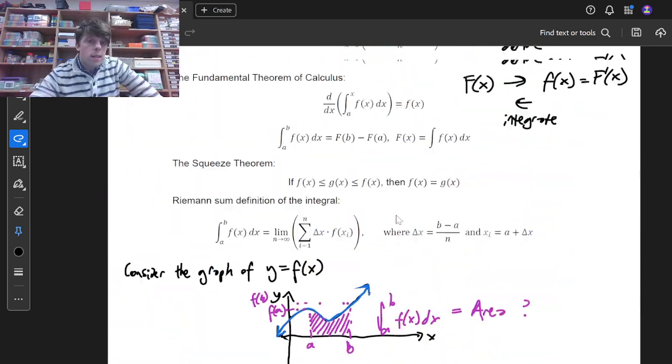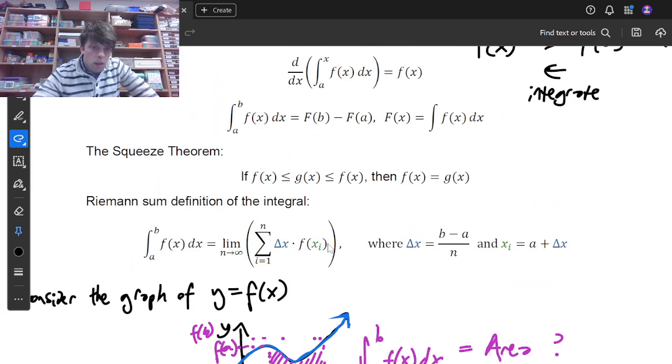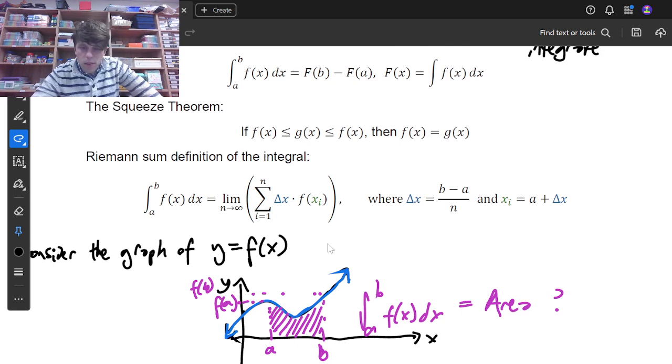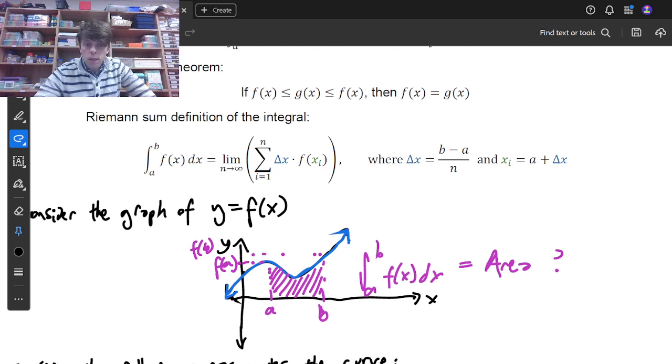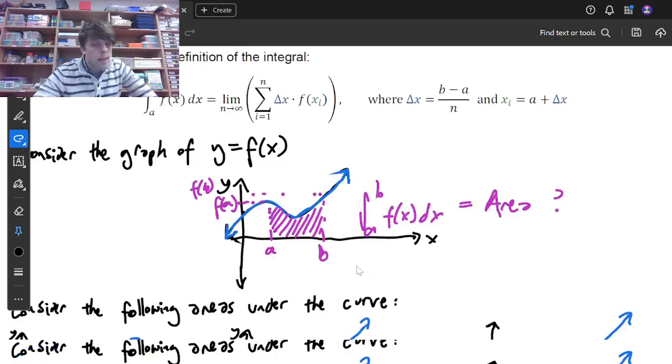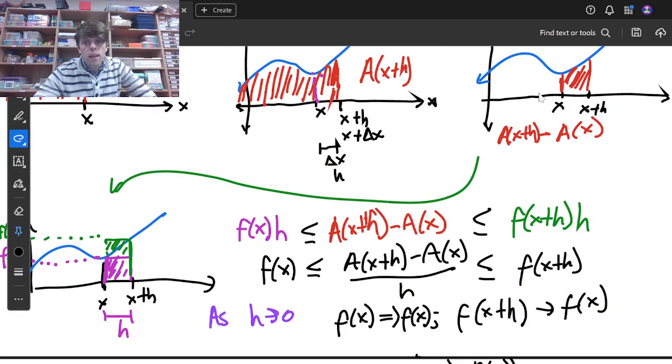So what does that tell us about this formula right here? So what does this formula even say? Well, what it's saying is that if I wanted to find the integral between these two particular points, a and b, one thing that I could do is think about that difference between those two points as a whole bunch of rectangles, just like this rectangle here, or just like this tiny little smidgen.